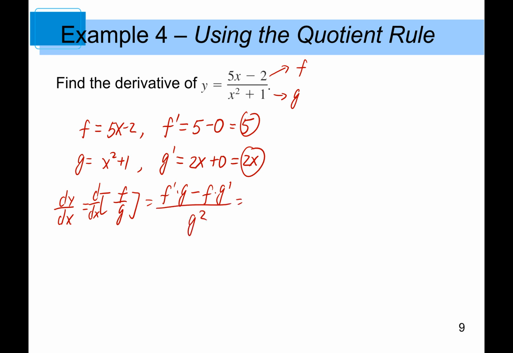Now just replace f, g, f prime, g prime with the given expressions. So f prime is 5 times g, which is x squared plus 1 in parentheses, minus. Remember, notice that this is minus, not a plus. It's different from the product rule.